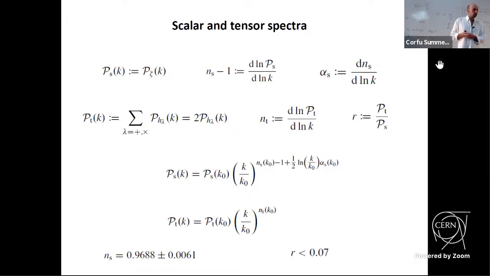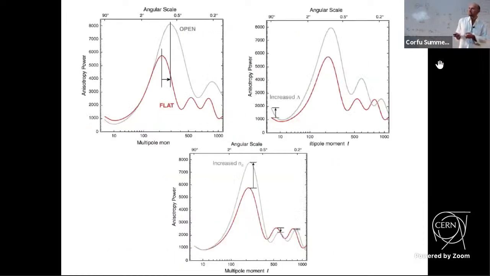Now, the other observation, which has a heavy implication for quantum gravity and modified gravity models of the early universe, is that the tensor to scalar ratio is smaller than, actually it's 0.06 nowadays. So the tensor spectrum is much smaller than the scalar spectrum. The amplitude of the tensor spectrum is much smaller than the scalar spectrum.